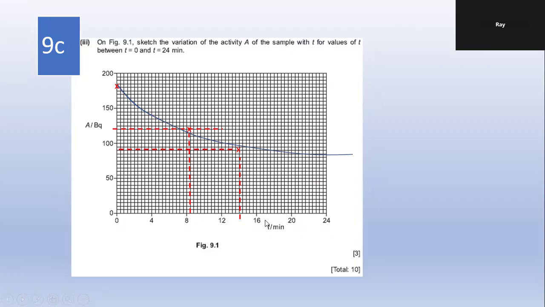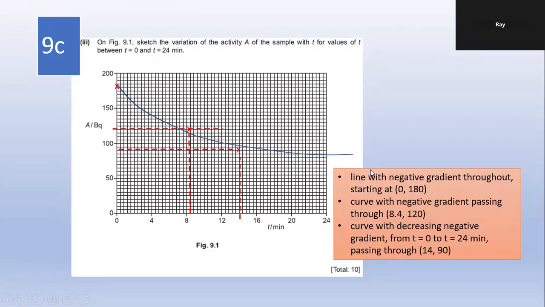How do they mark you? A line with negative gradient, as long as you have got this graph, doesn't matter how it's drawn, passing through this point, you get 1 point already.